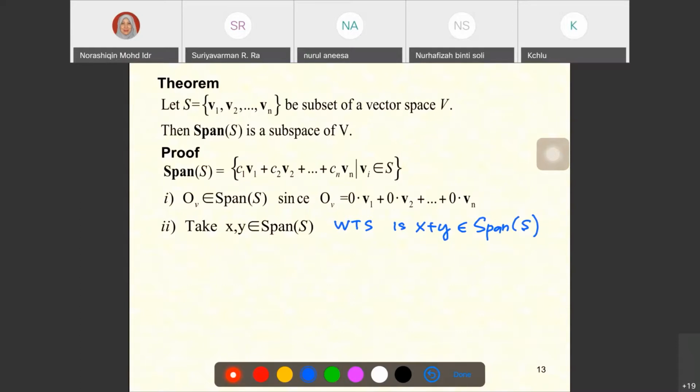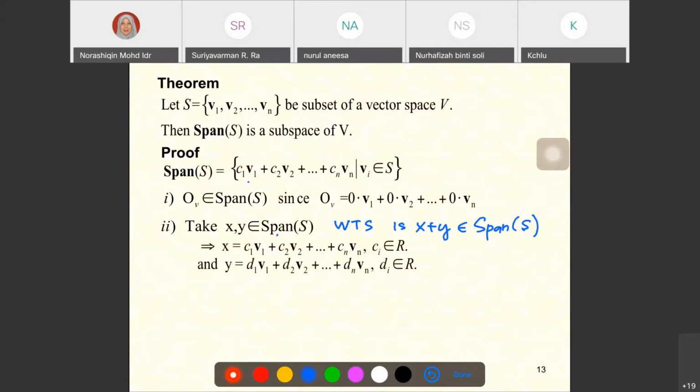X is a linear combination of all the V's. Let's put it: X is C1 V1 plus C2 V2 plus Cn Vn. Same thing with Y.